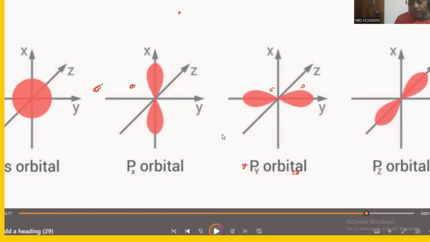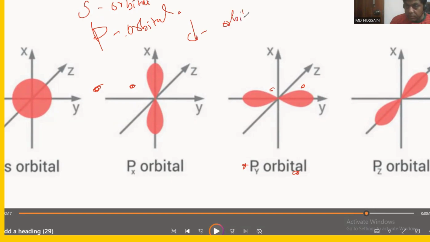So you can write down the names of the orbitals which we will study later: s orbital, p orbital, d orbital, and f orbital.